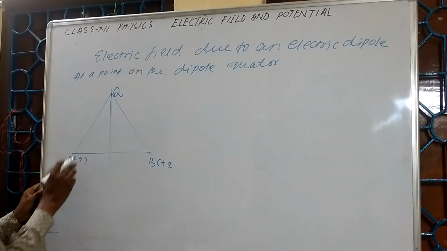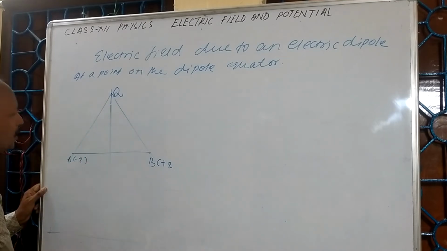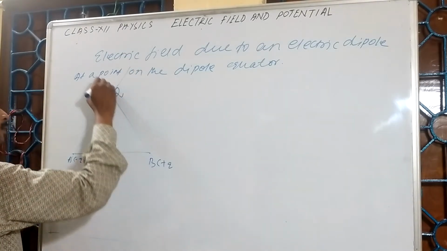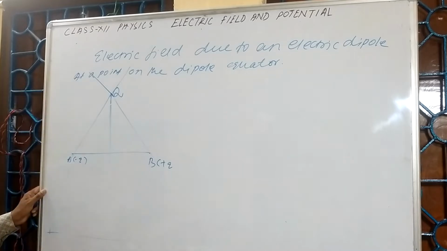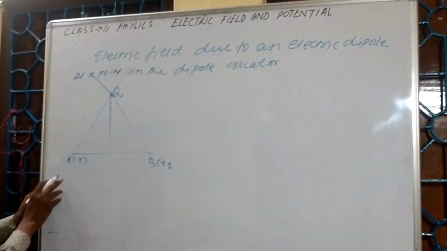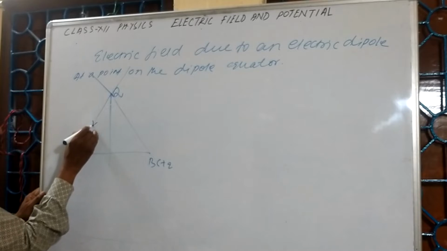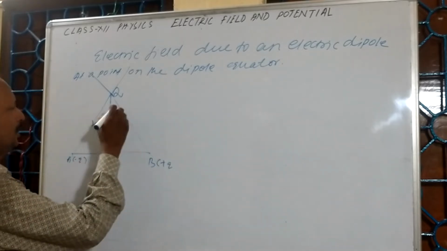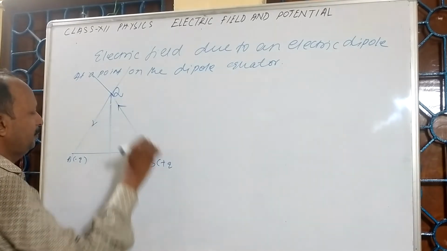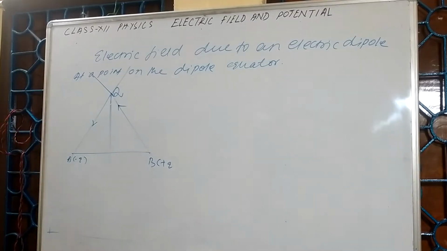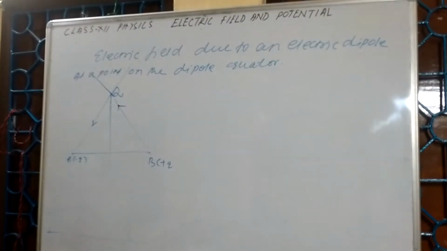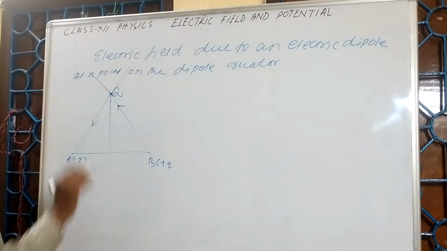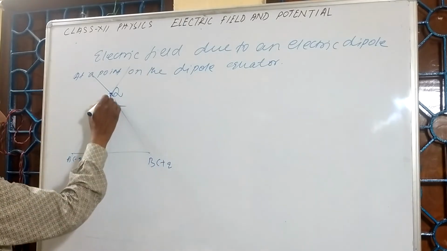So this charge, the electric field which is here, its direction is like this. This is the positive charge. In this case, the direction will be like this, okay. Now I have to calculate the electric field at this point Q, at a point on the dipole equator.